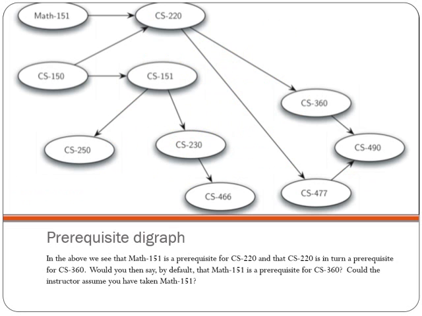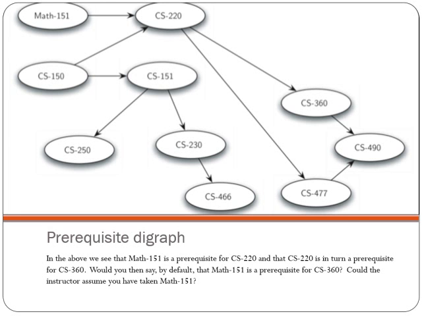As a student, you're familiar with the concept of a prerequisite for a course. So this diagram tells us at a glance which courses are a prerequisite for which courses. So for example, Math 151 is a prerequisite for Computer Science 220, and so is Computer Science 150.